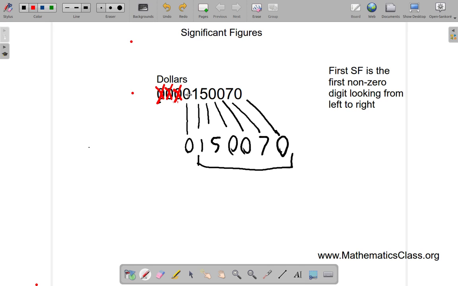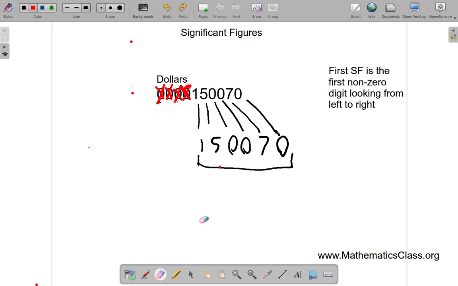All right, let's examine this 0 here now. Can we remove this 0 without changing the value of your $150,070? Let's get rid of this one and see. So we erase this 0.